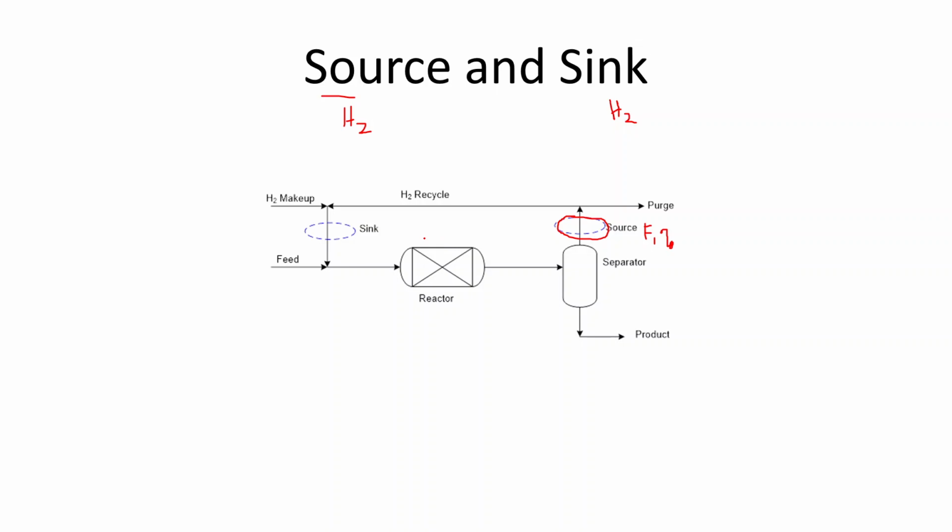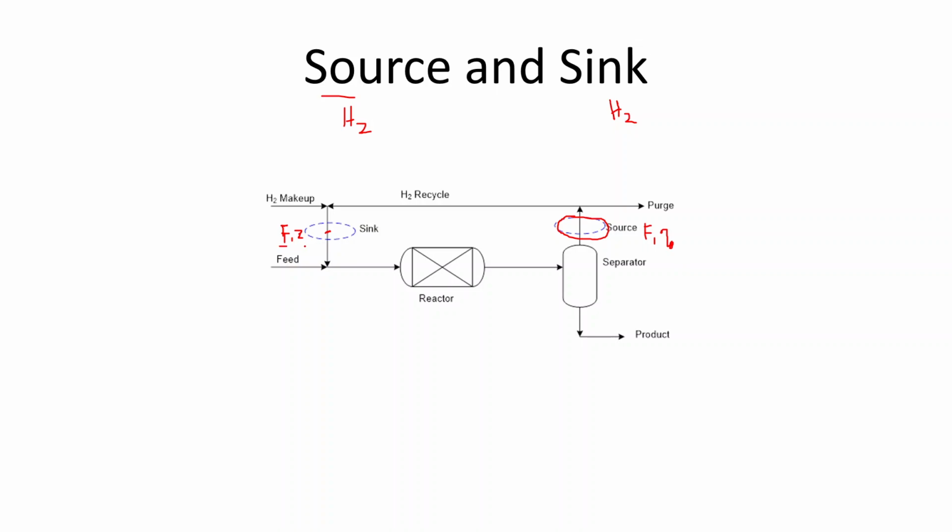On the other hand, we have the hydrogen required, which is this point. It's not the hydrogen makeup or the hydrogen recycle, but this point. The flow rate that goes to the reactor, and the hydrogen concentration that goes into the reactor, is the sink condition.